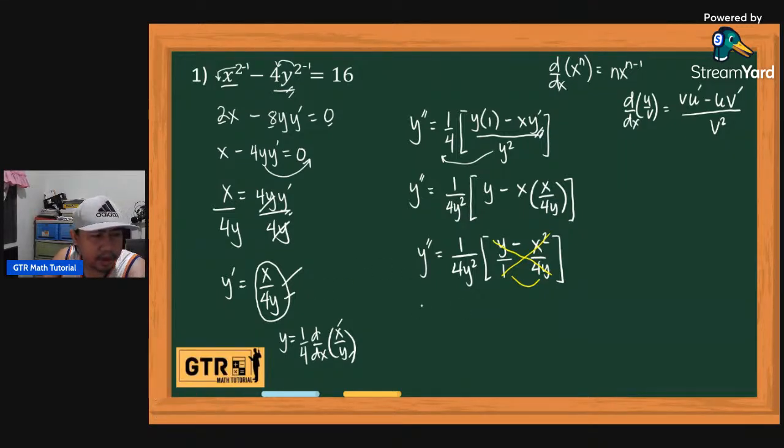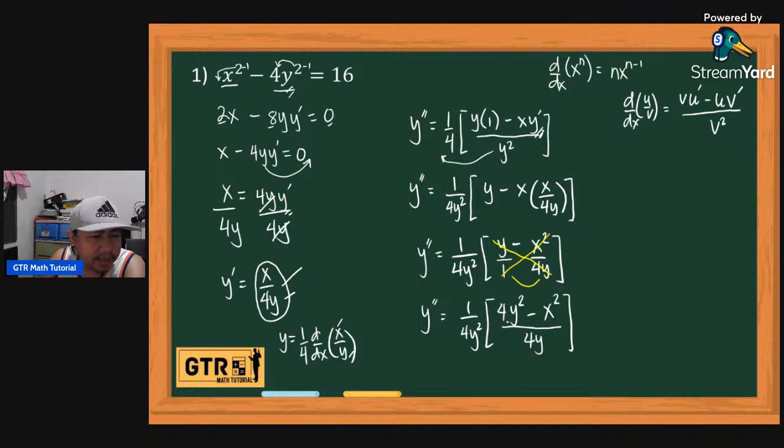Okay, so therefore we have second derivative is equal to 1 over 4y squared. So simplify this, y times 4y, so that is 4y squared. That's y times 4y squared minus 1 times x squared, so that is x squared all over 1 times 4y, so that is equal to 4y.